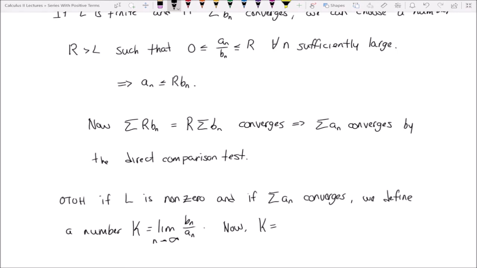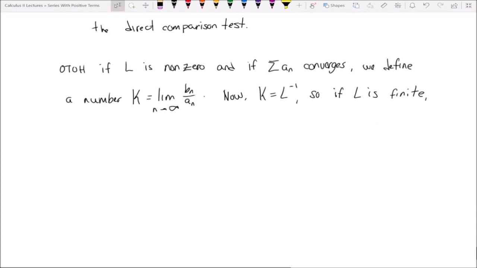Well, clearly k is just the reciprocal of L. So if L is finite, then so is k.